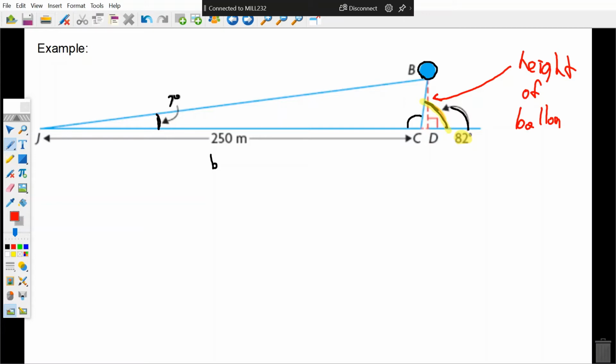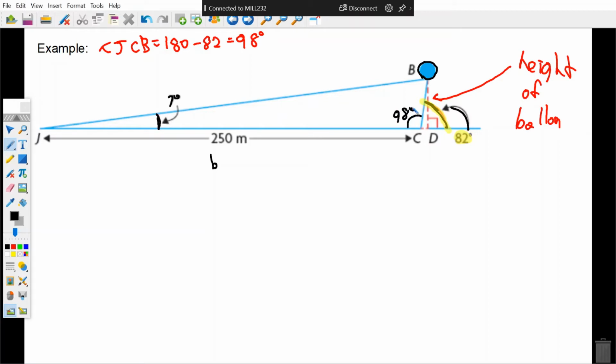So if this angle here is 82, that means that angle JCB, let me write that up here, angle JCB is 180 minus 82, which is 98 degrees. So we know that this angle right here is 98 degrees.